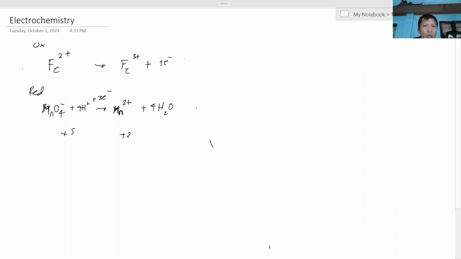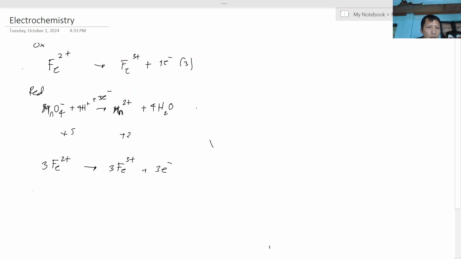So you have 1 here, you have to multiply this by 3. So basically, that would be 3 Fe2+, and then 3 Fe3+. Then you would have 3 electrons.